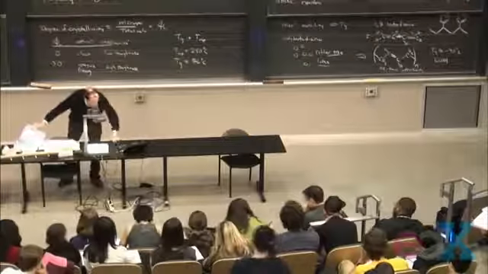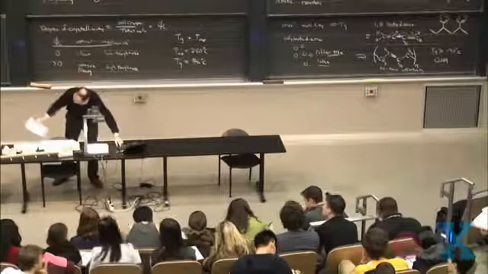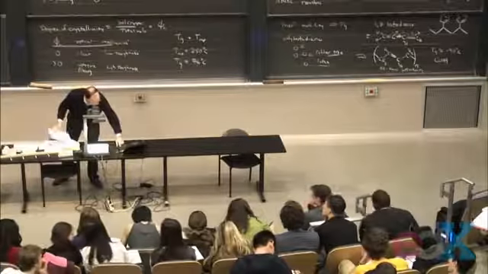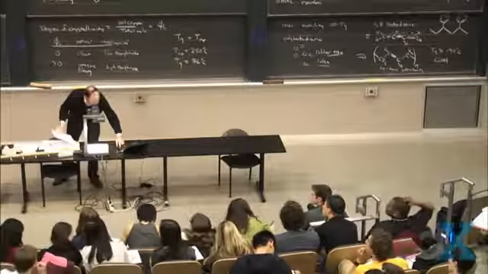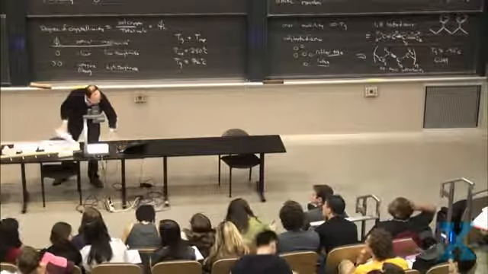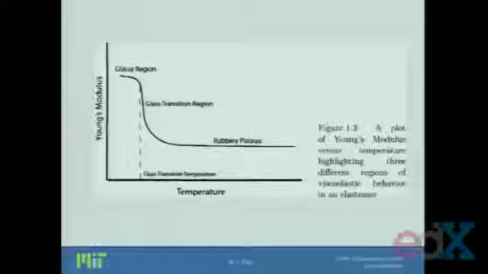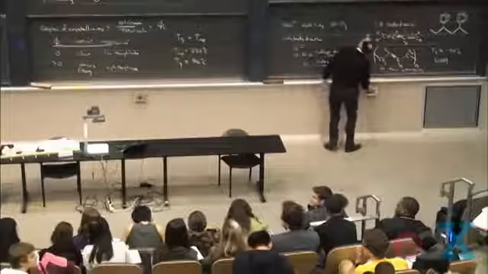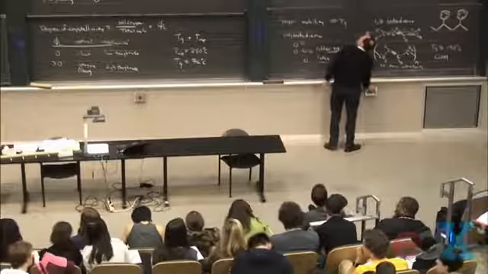So, that's out of order, sorry. Where is it? This is what I wanted to show. So this is a modulus curve. Young's modulus. Remember Young's modulus. That's the slope on a stress-strain curve. So let's do that.